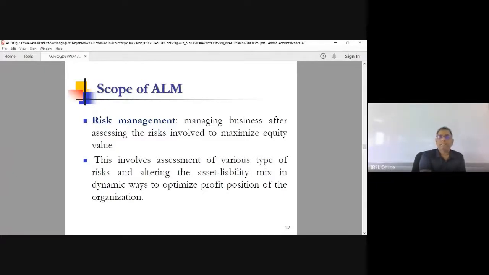Managing the risk that you have at a point in time and making a decision based on a risk assessment that you have made. So basically making sure you have the right mix of assets and liabilities, taking into account all kinds of scenarios that you might have while managing risk, so you optimize profitability at the same time for the organization.